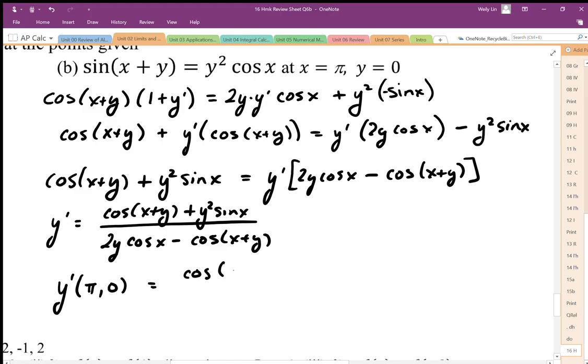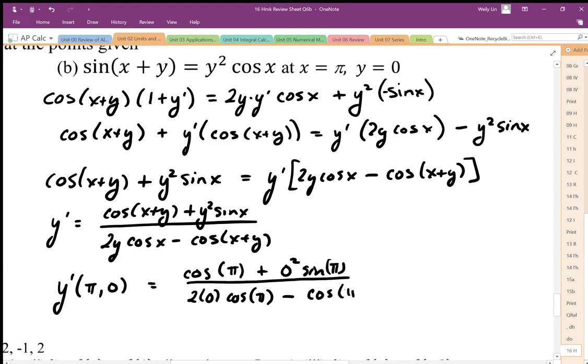So cosine of pi plus 0 is cosine pi plus, this just becomes 0. Okay, and then 2y, so y is 0 again, so this term just becomes 0 minus cosine of pi times pi plus y, so that's cosine of pi.